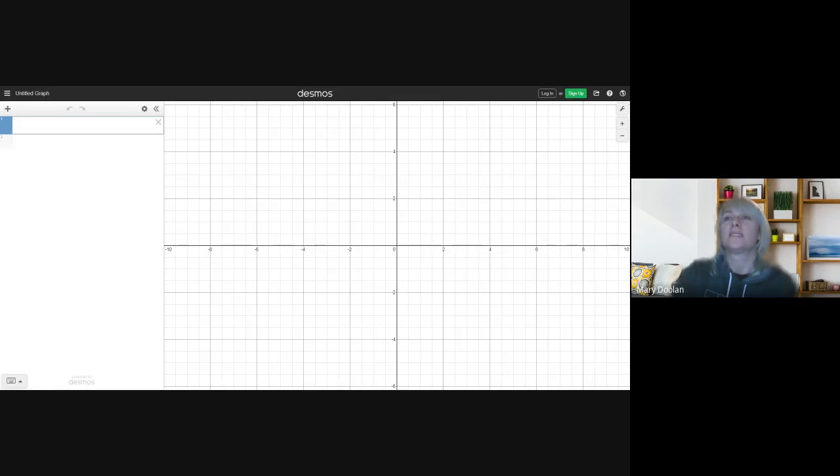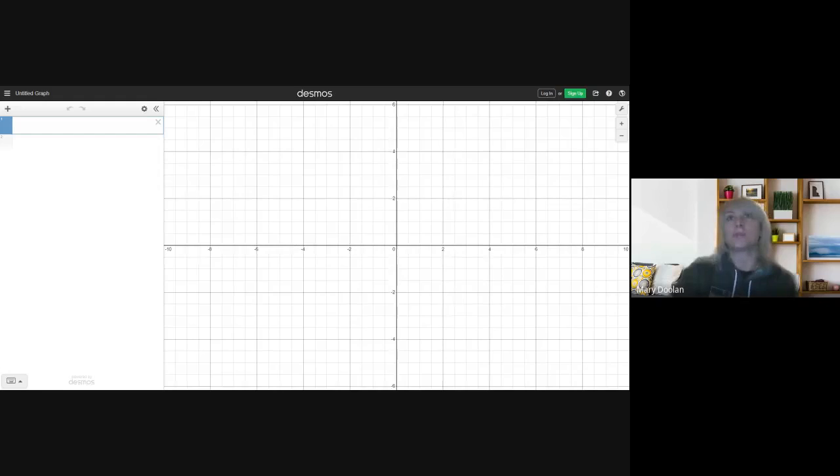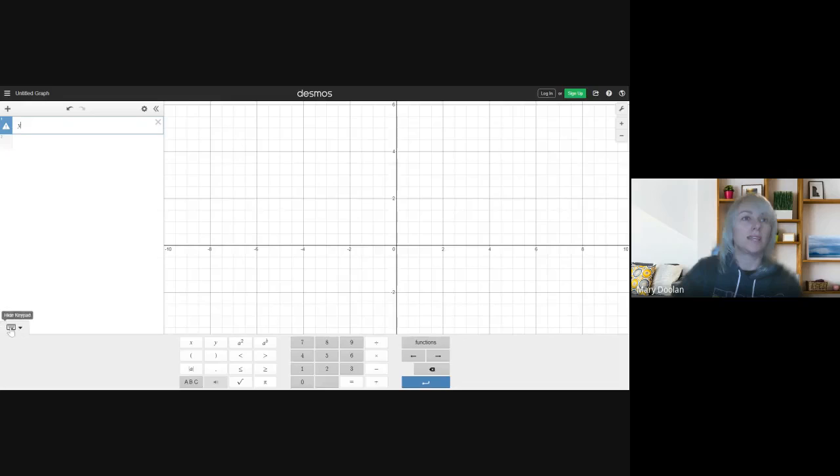First one, y is greater than or equal to. When you're typing into Desmos and you want to use that symbol, it's not on your keyboard, but it is on the keypad down here. You can show the keypad, and all the symbols you may need pop up. So we want the greater than or equal to, which is right here.